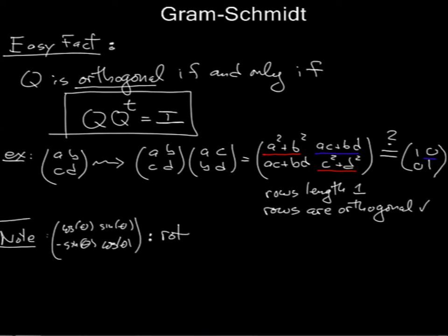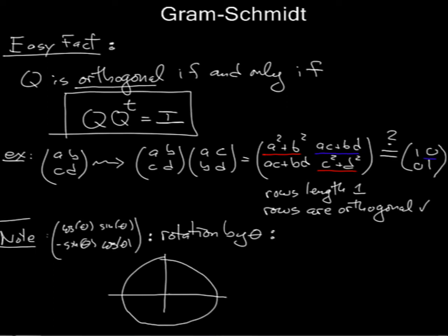Now, let's look at this matrix with the cosines and sines again. This is a rotation matrix. It's rotation by angle theta. That is, if you take a vector v, it rotates it by angle theta. And such an action preserves angles. If you take two vectors at a given angle, it keeps the angle between them.